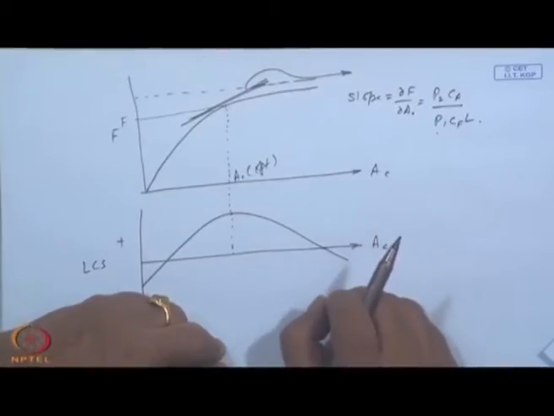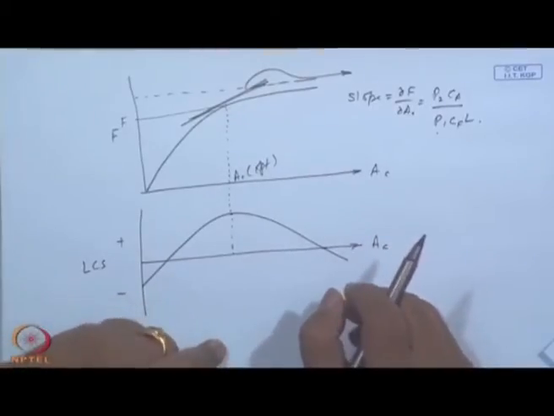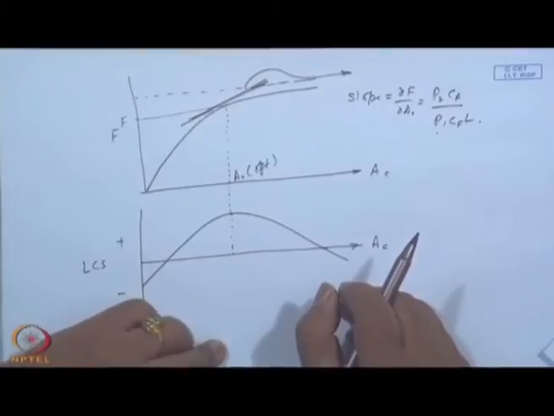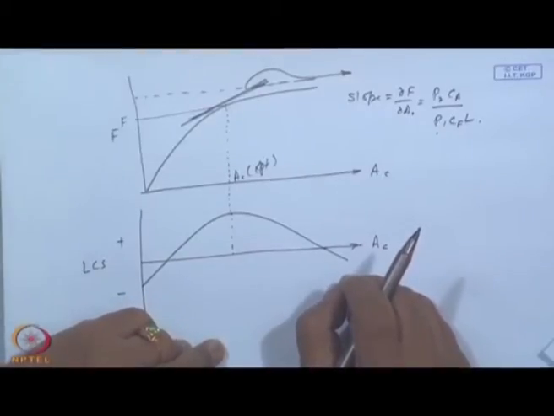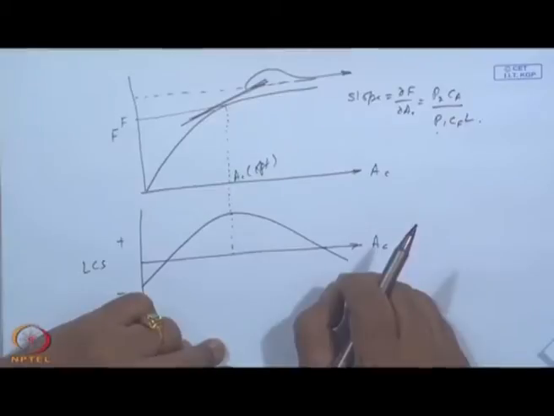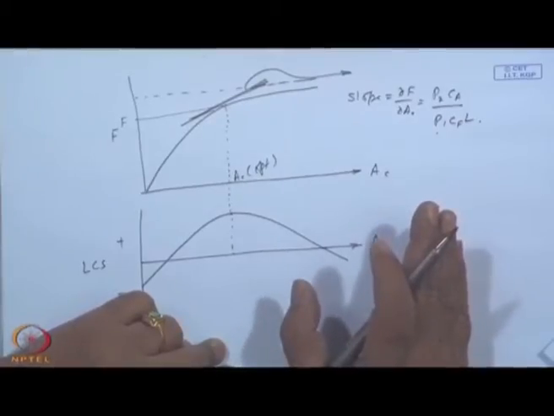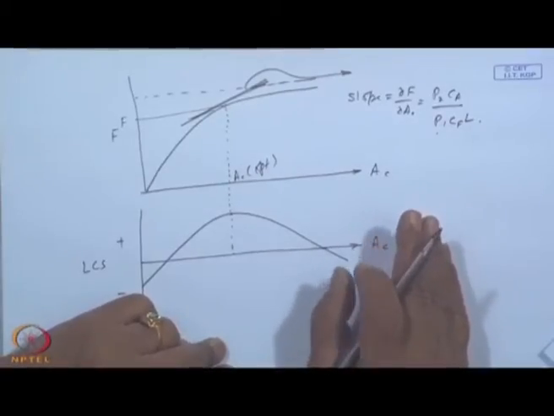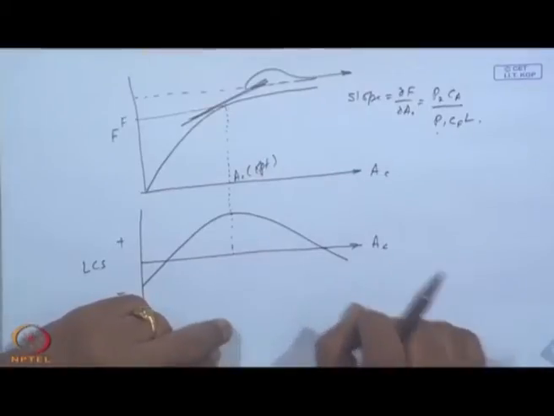So, the idea of the analysis is that you find out that the life cycle savings is a maximum where your load fraction delivered need not be 100%, but the returns per rupee investment is the maximum.